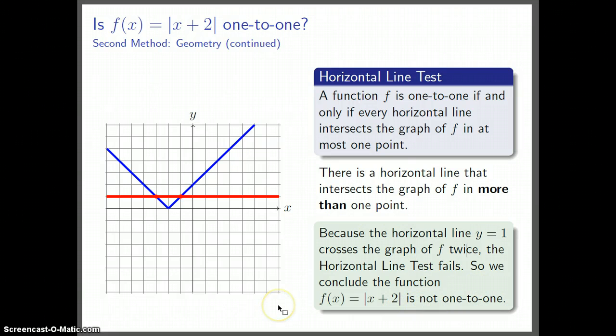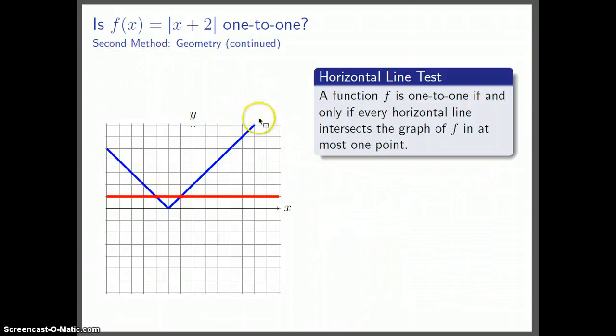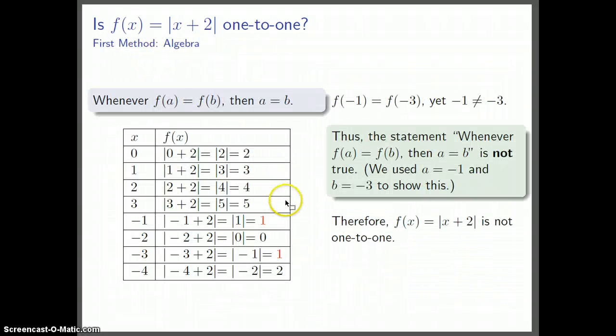Great. If you were to write up your solution using the second method, it's good to have text that looks something like this. This is reasonably written in complete sentences, and this shows exactly your thought process and what was going on. Likewise, if we go back for a second to the first method using algebra, it would be good to show this computation: you picked x is -1, you plugged in and show that this is the y value.